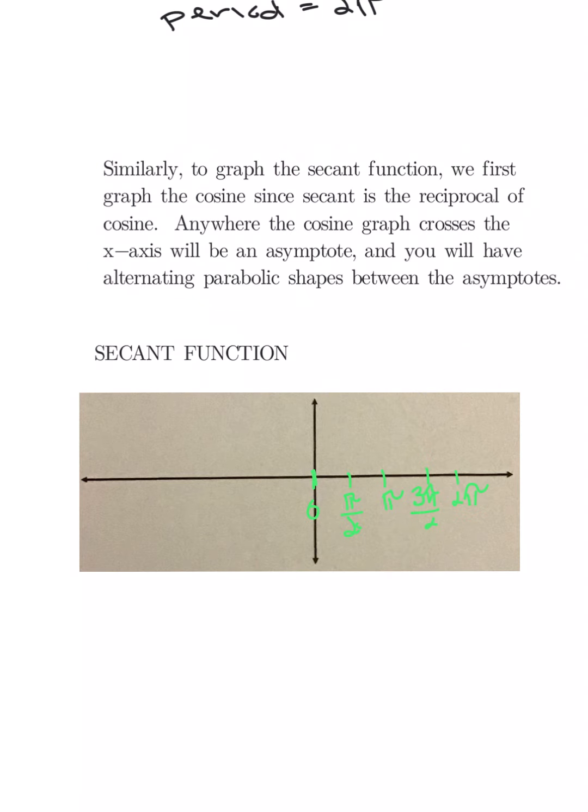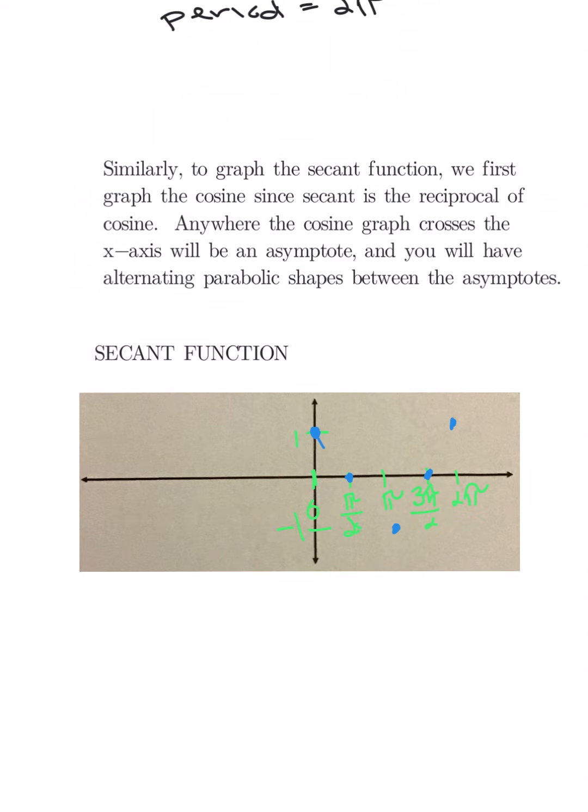Amplitude for a cosine function is 1. And then remember that the basic cosine function starts up at 1 and then goes down to 0, down to -1, back up to 0, and then back up to 1.